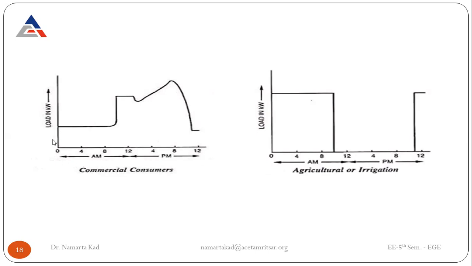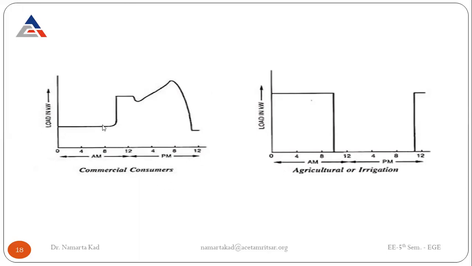Here on the y-axis there is the load, on the x-axis there is the number of hours, a.m., p.m. In the commercial areas, that is shops, they are generally switched on around 8 to 9 a.m. in the morning, and then the load increases, then shows a little dip around the lunch break, then again increases, and around 9 to 10 p.m. it shows a decrease in the load.